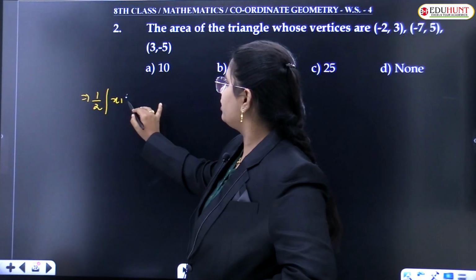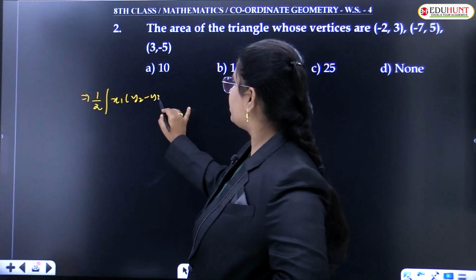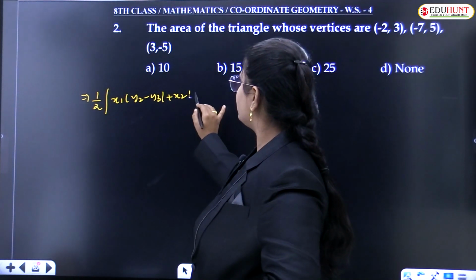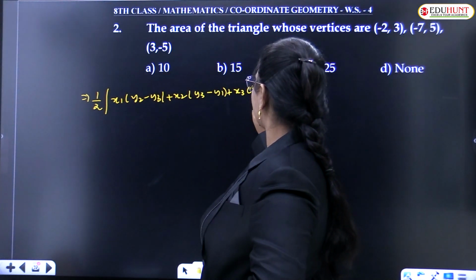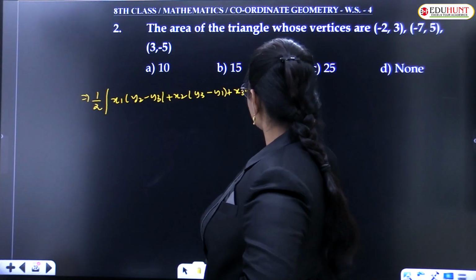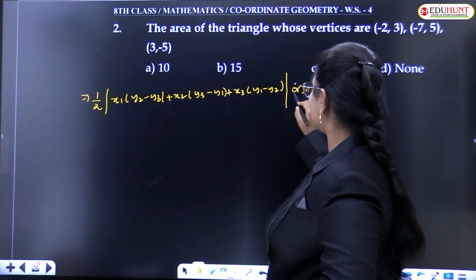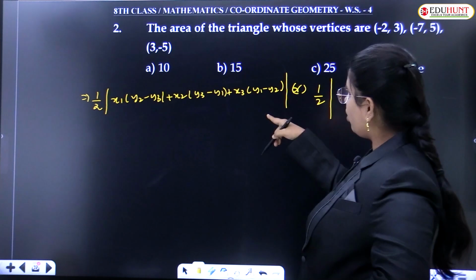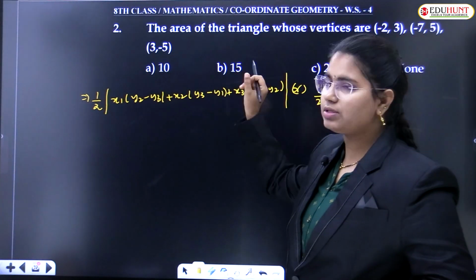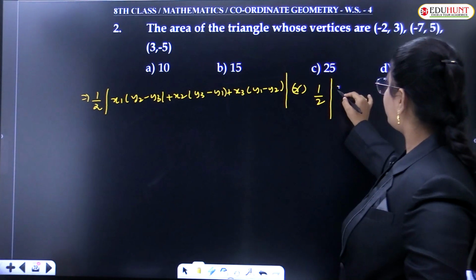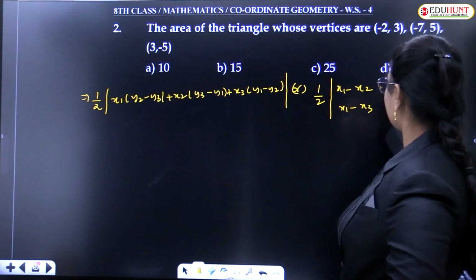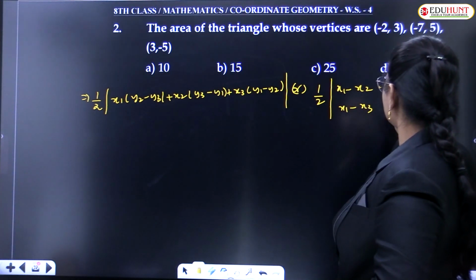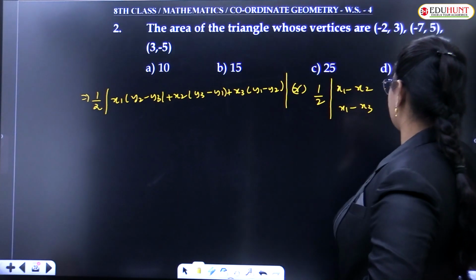Half x1 into y2 minus y3 plus x2 into y3 minus y1 plus x3 into y1 minus y2. This can also be expressed in the form of half x1 minus x2, x1 minus x3, y1 minus y2, y1 minus y3.